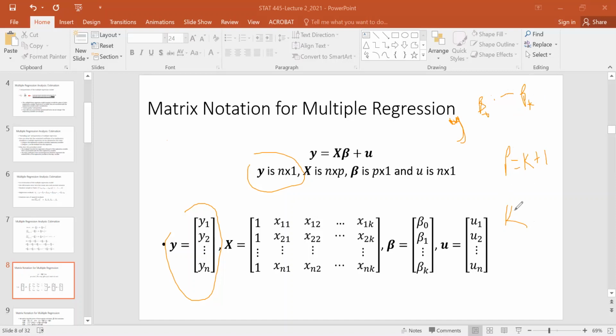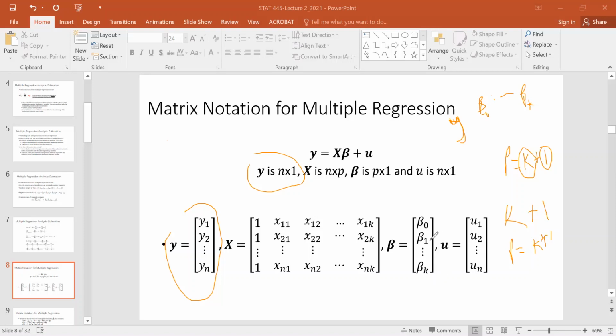Or they will use another letter to represent that. Here, I count regressors separately. There are K regressors, and then I add my intercept, and we call this p. So take your time and get the difference. So p is equal to K plus 1, p elements in the matrices.